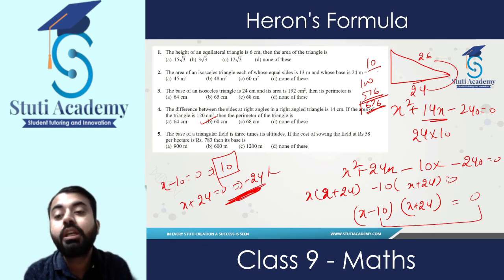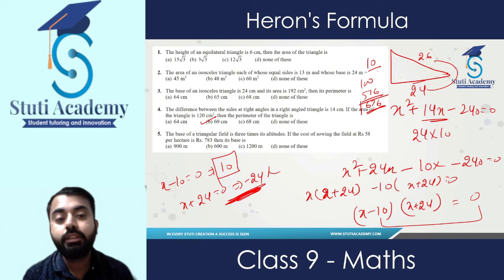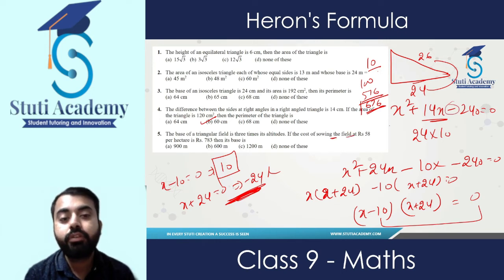Let me tell you, I had to generate a quadratic equation because our sum was already generating a quadratic equation. In order to do that, I had to search for the factors. I knew I had to take two values of this 14x, subtracting them gave me 14x, and multiplying them gave me 240. I knew the only factors I can think of here are 24 into 10.